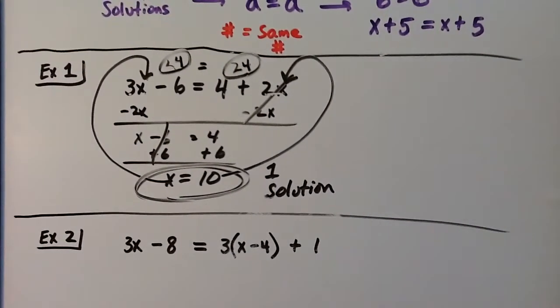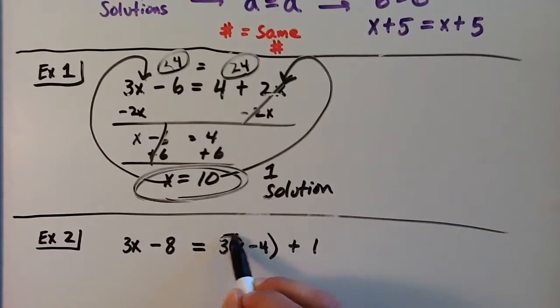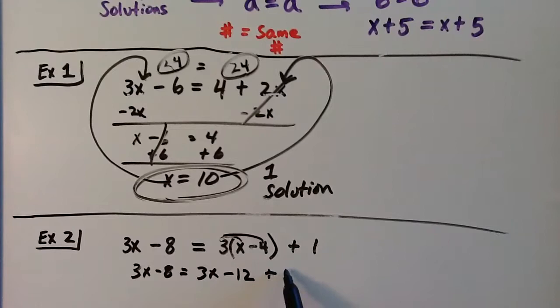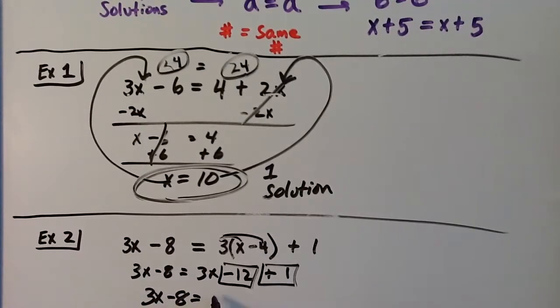Example 2, let's eliminate the parentheses by the distributive property. If I distribute that 3 there, my left side would stay the same, 3x minus 8. 3 times x is 3x. 3 times negative 4 is negative 12. Still got to add 1. Combine these like terms. So I have 3x minus 8 equals 3x, negative 12 and positive 1, that's negative 11.